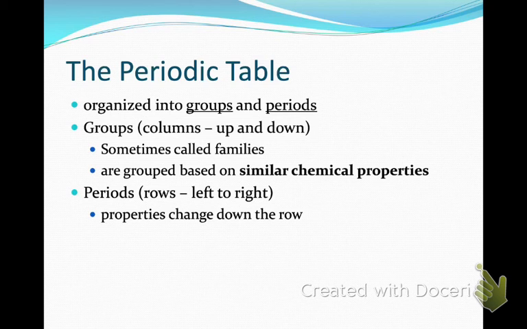Okay? The reason we don't use them very often is because the properties of these elements change as you go from left to right. They change pretty drastically. If I'm looking at the period that starts with lithium, Li, and goes all the way over to neon, Ne, lithium, way on the left, behaves way differently than neon on the right.